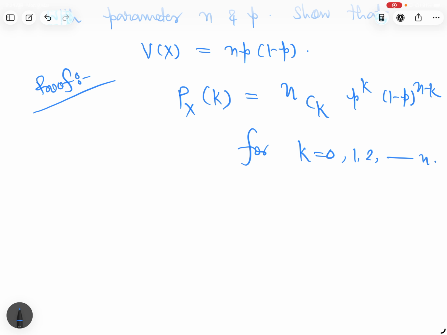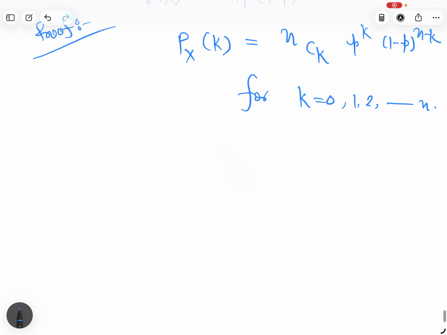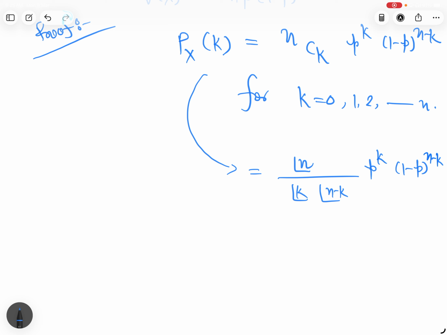You can open nCk as factorial n upon factorial k factorial n minus k, times p to the power k, (1 minus p) to the power n minus k, for k equal to 0, 1, 2, up to n.